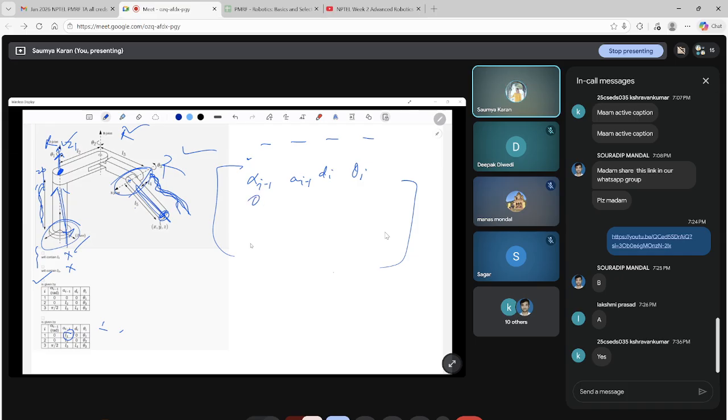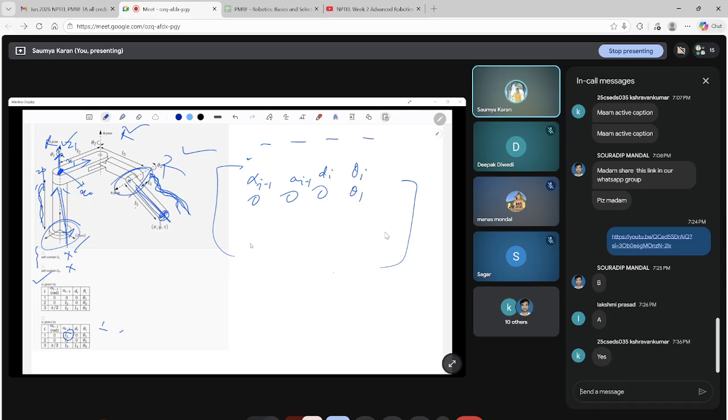So alpha would be 0, right? The distance d_i between them, the distance between their x-axes: let's say x0 lies here and x1 in this direction, so the distance between them is 0 because there is no intersection between them. But is there any angle between both of these x-axes? Do we have an angle? Yes, that is theta 1.